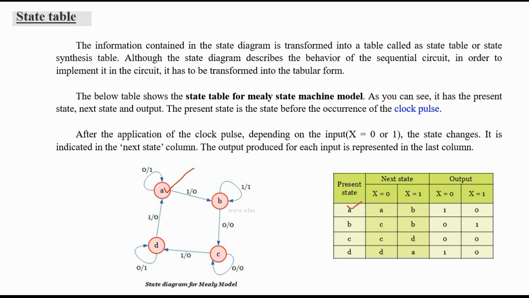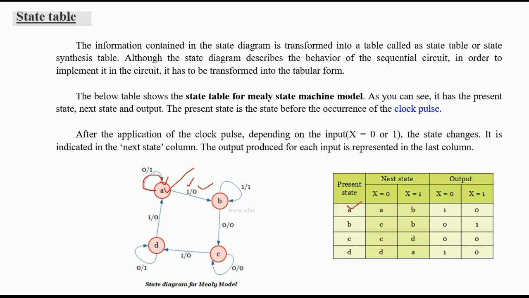With input 0, output 1. So input 0, output 1 is this case. And once the output is 1, the output of A acts as an input, that is logic 1 divided by 0 output, it will be directed towards B.